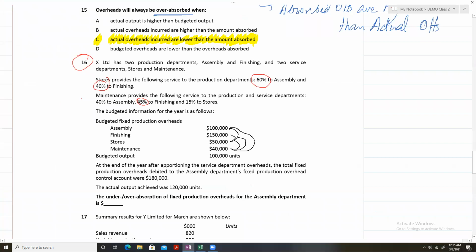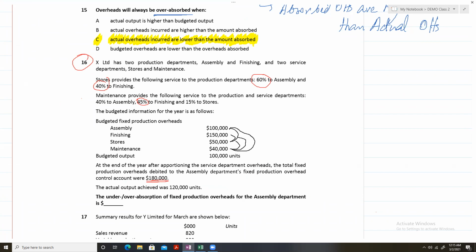Now, let's look at the requirement. At the end of the year, after apportioning the service department overhead, the total fixed production overhead debited to the assembly department fixed production overhead control account were 180,000.